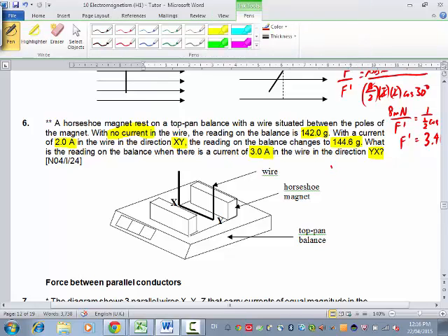The first thing you write down here: direction of current is reversed. It implies that the force is reversed. Definitely the force must be reversed. So you are expecting the reading definitely to be less than 142 grams.